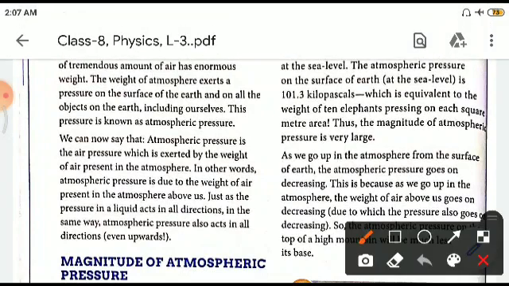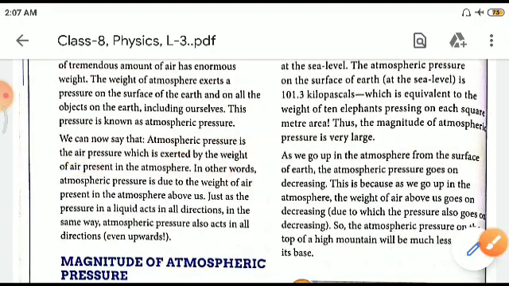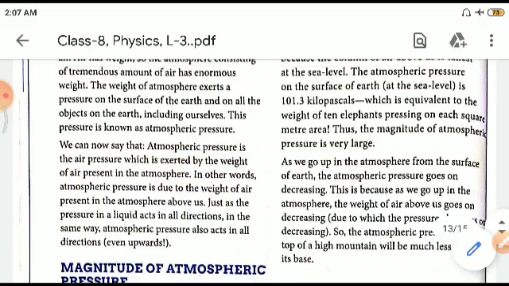So we can say atmospheric pressure is the air pressure which is exerted by the weight of the air present in the atmosphere, right?